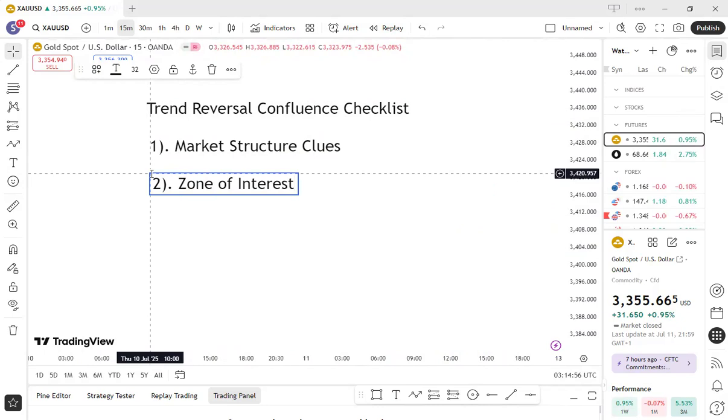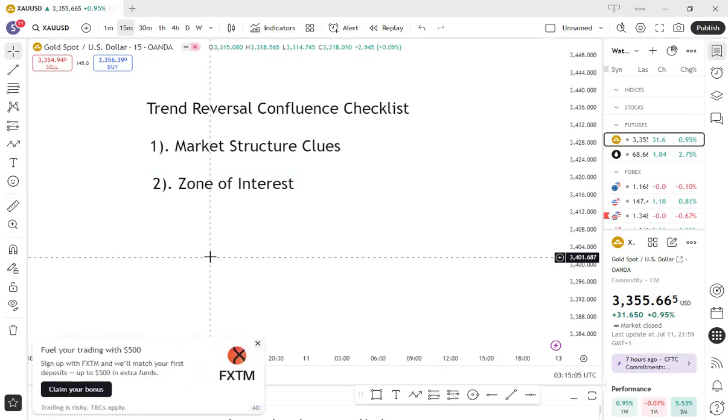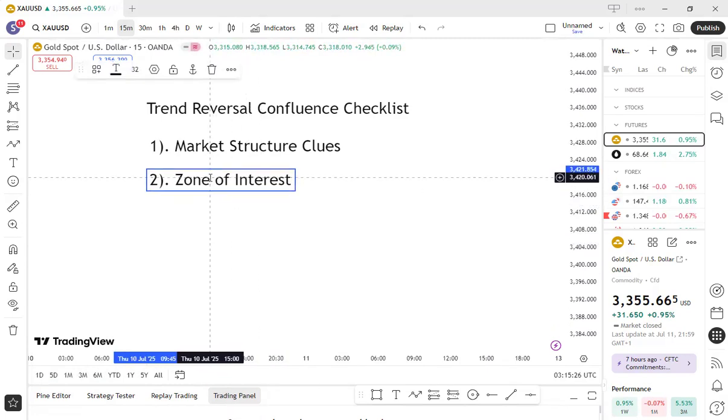Where you're interested in buying, where reversal happens: your supply and demand zones, your support and resistance zones, your OB, your fair value gaps. So these are the zones of interest where reversal happens. Reversal always happens at these zones, at your highs and at your lows as well. So reversal always happens at all these key zones.